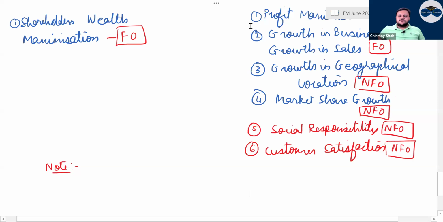Profit maximization may not always lead to shareholders' wealth maximization. Note, profit maximization may not always lead to shareholder wealth maximization.